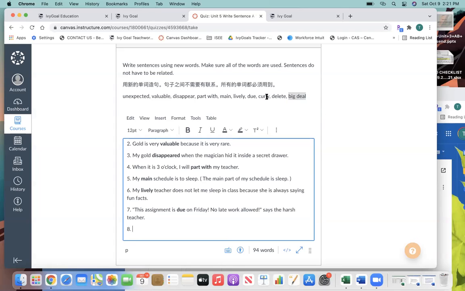What types of things might be curly? The harsh teacher has curly hair. So hair can be curly. Can you think of something else that might be curly? I like to eat something that's curly. Can you guess?